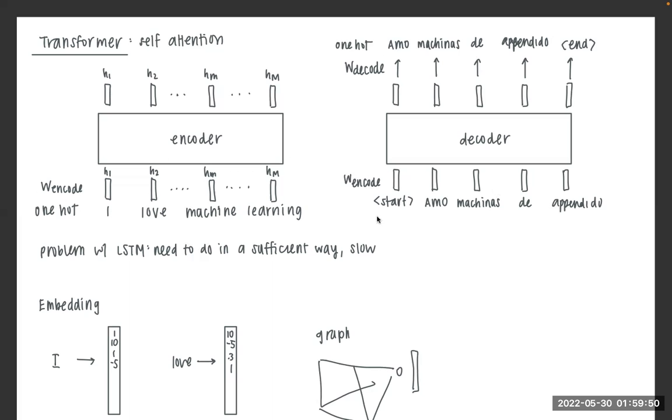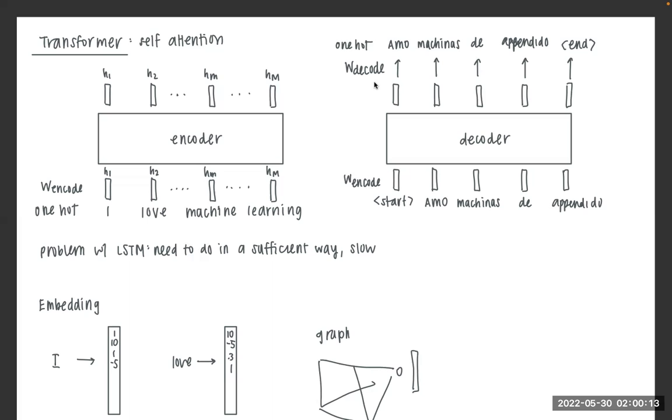So everything is learned so-called end-to-end. From the input end to the output end, everything is learned. All the parameters, including the encoding matrix and decoding matrix, can be learned by minimizing the negative log likelihood.